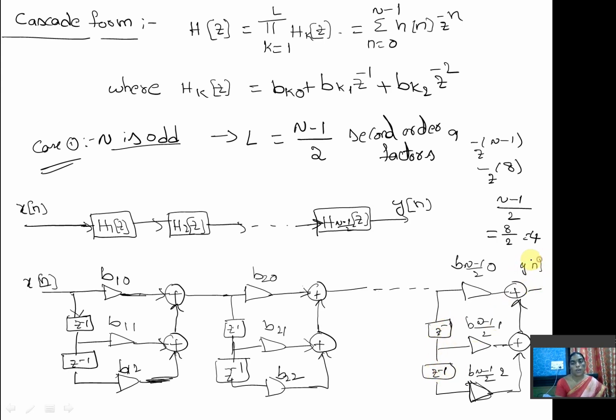Here y of n. Okay, this is the cascade form realization of the FIR system for the case capital N is odd.